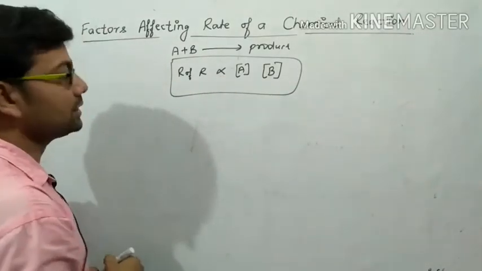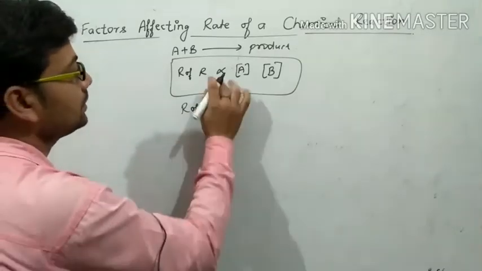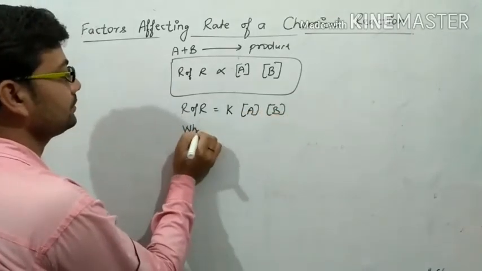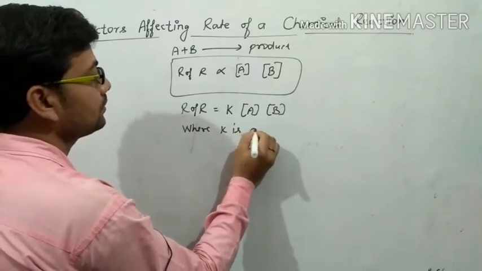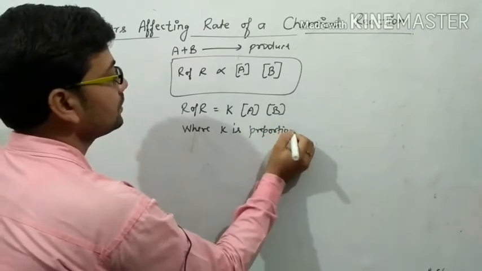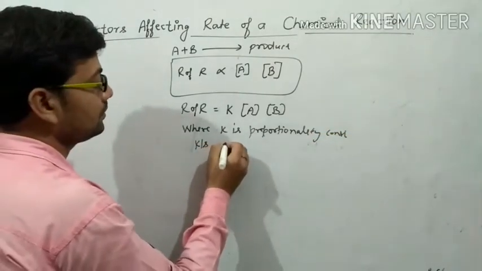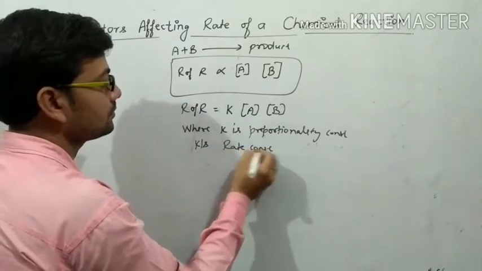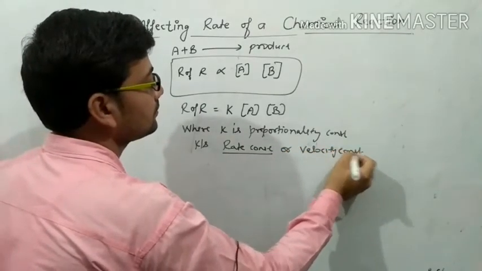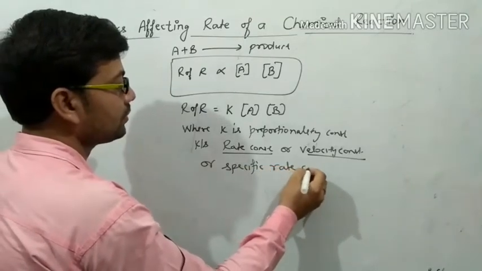If we remove the proportionality sign, then rate of reaction equals K [A][B], where K is a proportionality constant known as the rate constant, or velocity constant, or specific rate constant.